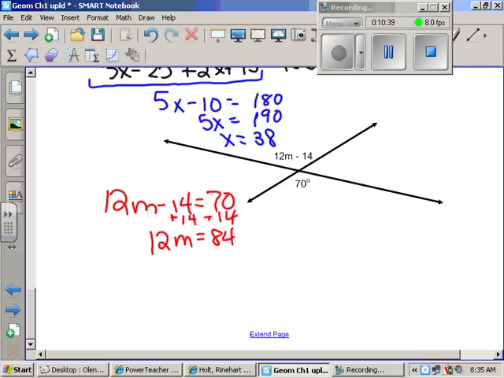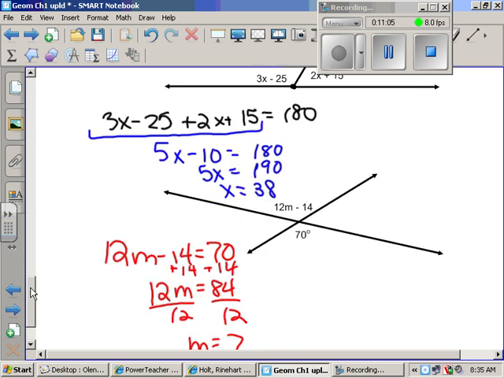Divide by 12, and I get m is equal to 7. Make sure you pay attention to what they're asking for. If they ask for the measure of this angle, you'd have to plug it in. But if they ask for the value of that angle, it's 70. You wouldn't have to do any math.